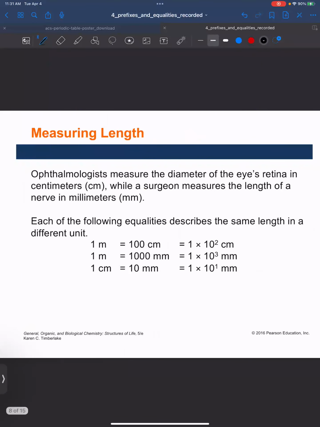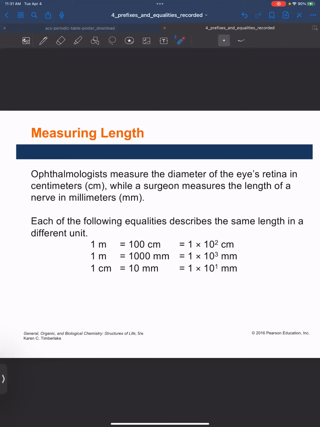So as I alluded to in the earlier example, ophthalmologists measure the diameter of the eye's retina in centimeters, while a surgeon measures the length of the nerve in millimeters. And so we may have to go between multiple units. Each of the following equalities describes the same length, but in different units.